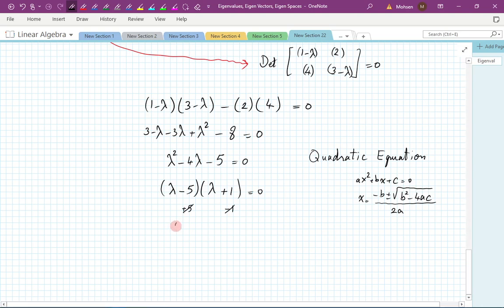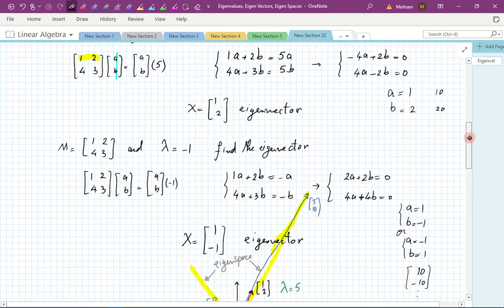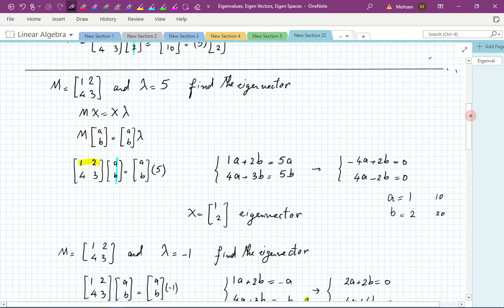Okay, now the punchline. Doesn't look like a joke, but here is our punchline. Here are two numbers, lambda equal to 5, lambda equal to -1. Isn't that what we did here? In that case, we gave it to you, so that's why we called it training wheels. I give it to you, and then you find the other things.